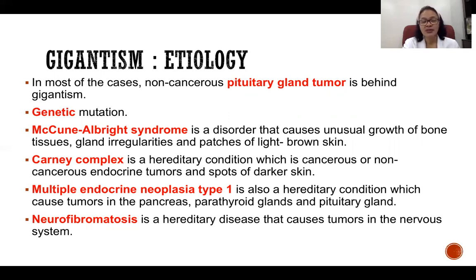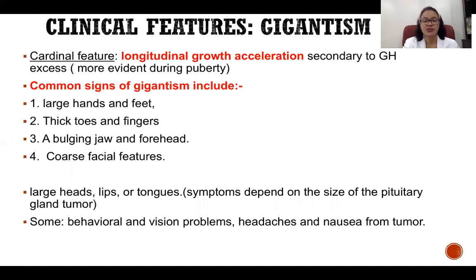We also have a hereditary condition, the Carney complex, where patients may have spots, non-cancerous endocrine tumors, and darker skin spots. MEN type 1 could also be one of the causes, and also neurofibromatosis, which causes tumors in the nervous tissues.